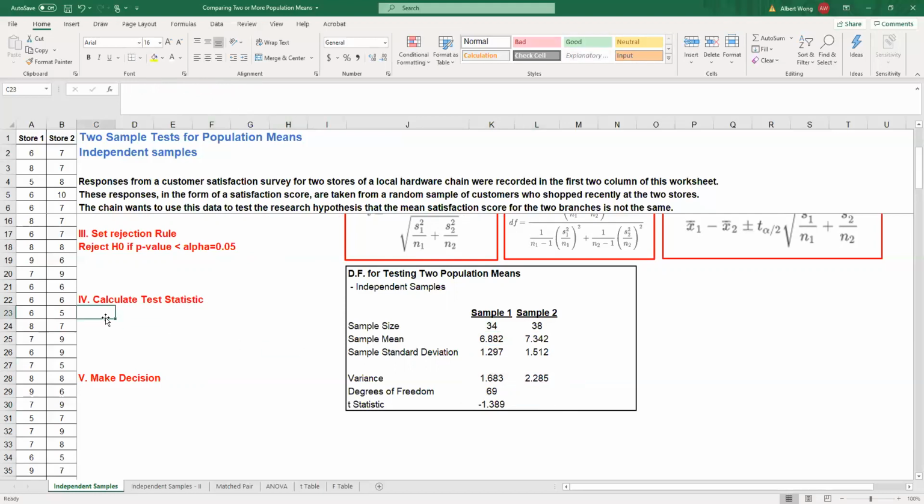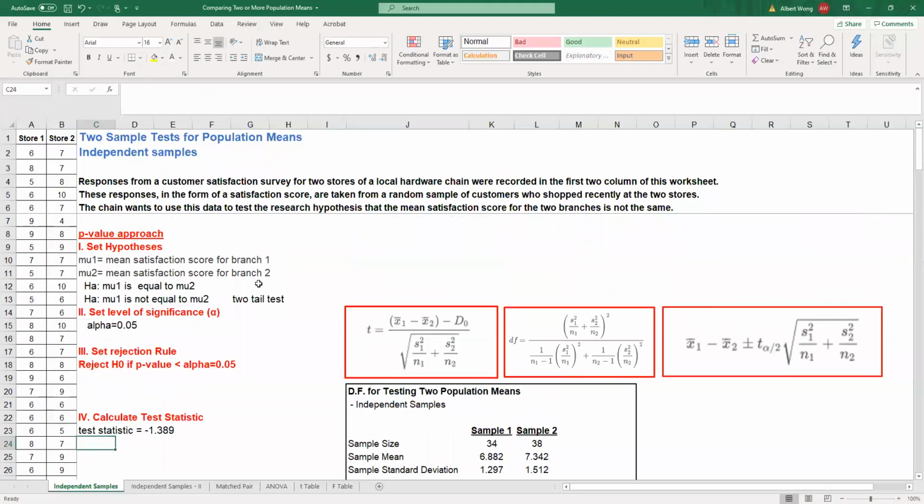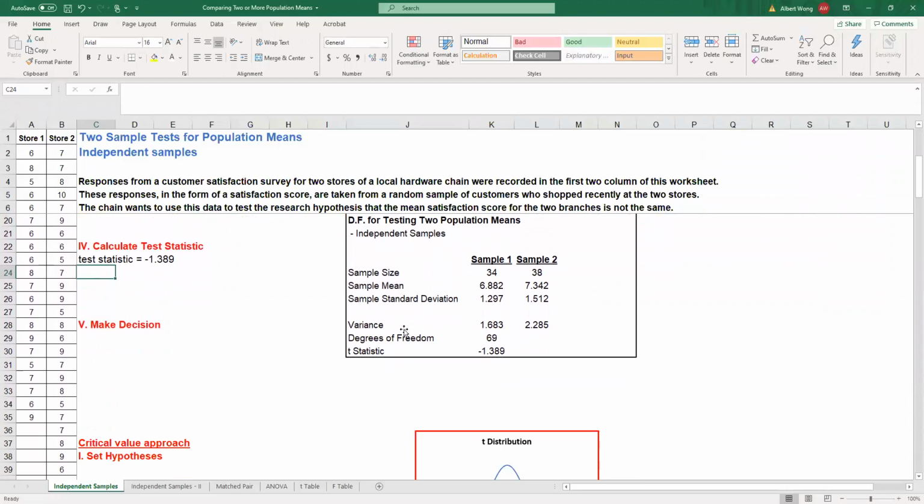Okay, so how do you calculate the test statistic? Well, the test statistic, as we showed you over there, is already calculated for us. It is equal to negative 1.389. So what is the p-value? What we have to think about is whether this is an upper tail test, a lower tail test, or a two-tail test.